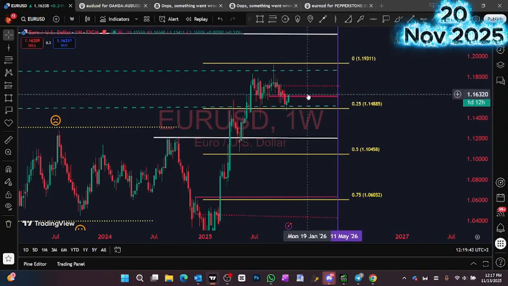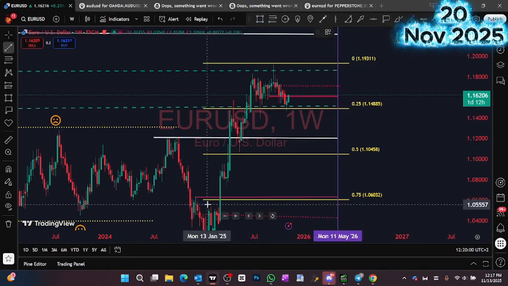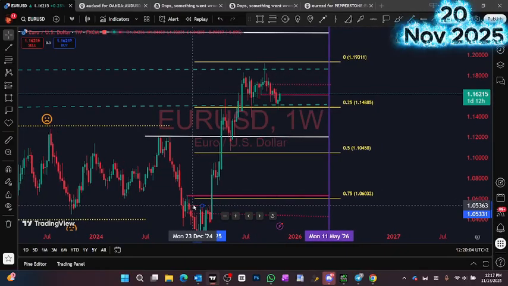Alright, let's see. Okay, it doesn't give us a clear direction where it's going to bounce on the weekly. So let's look at what's here.